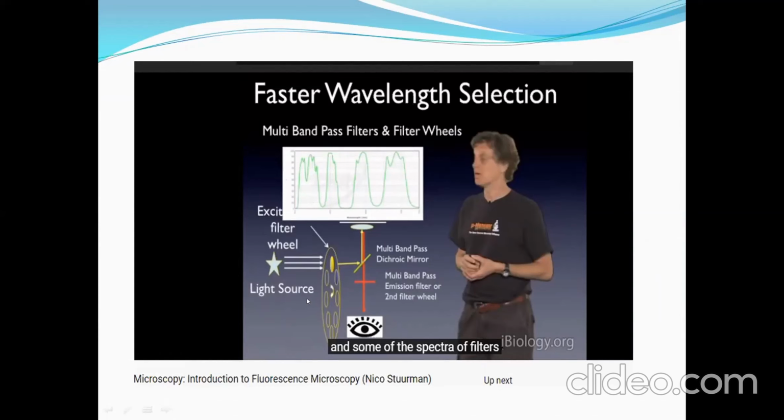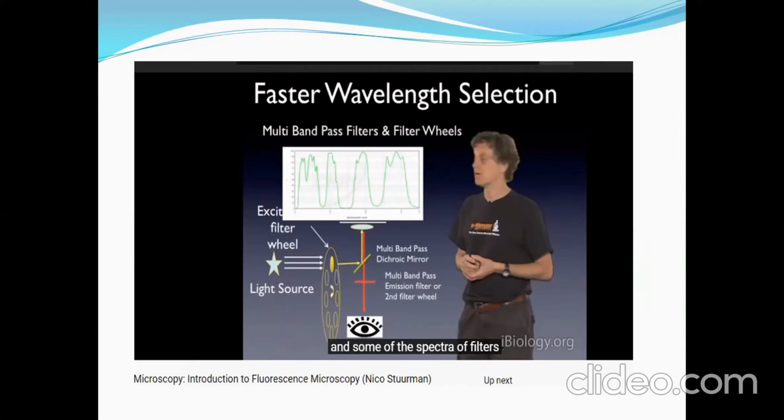So in that case, if we select any excitation filter in a turret or a wheel like that, we can use a single dichroic mirror which can selectively reflect or selectively emit a particular band of wavelength.